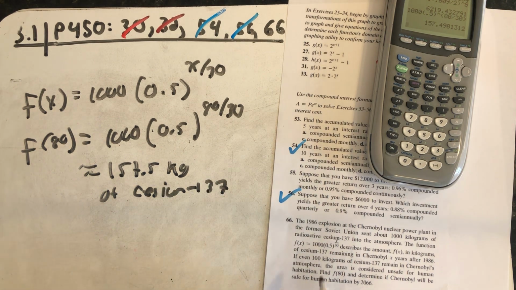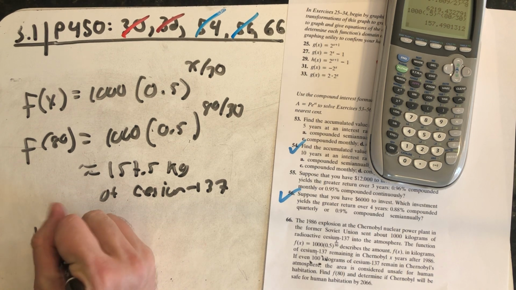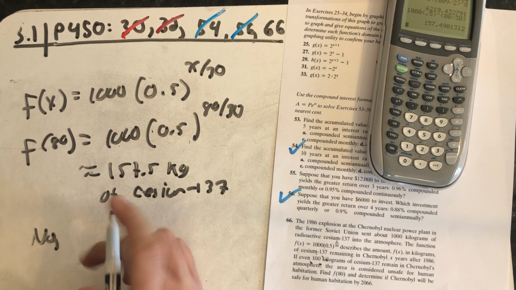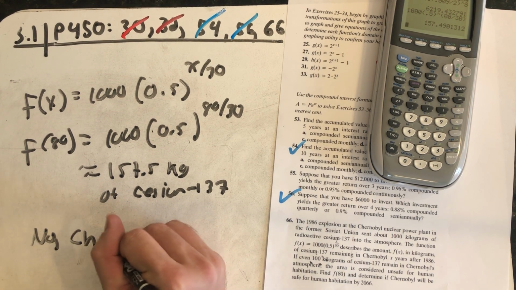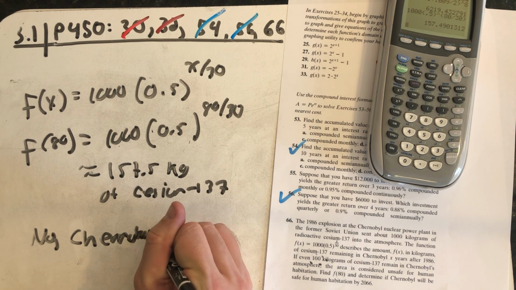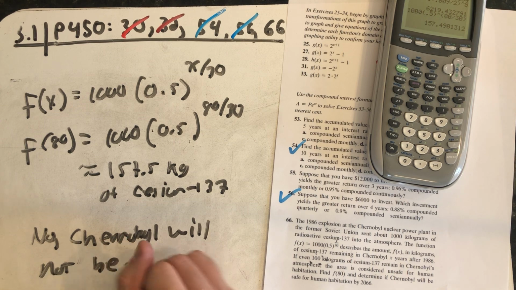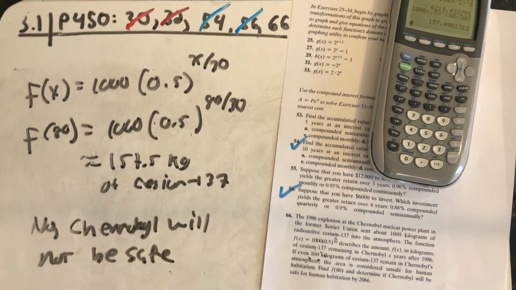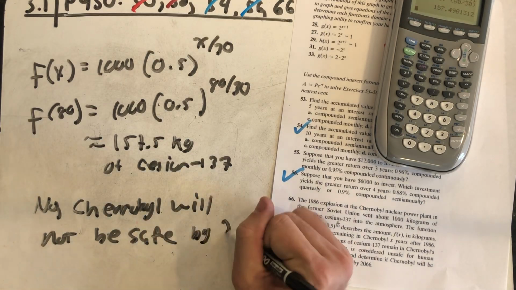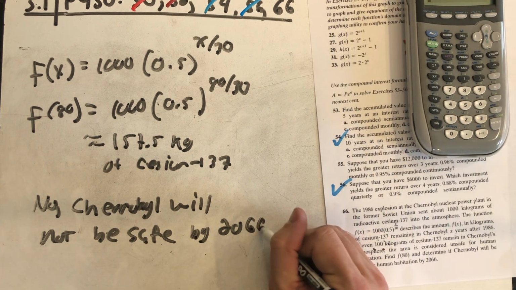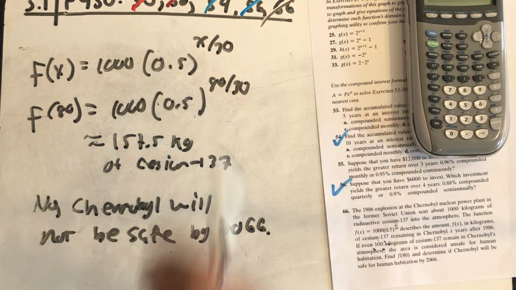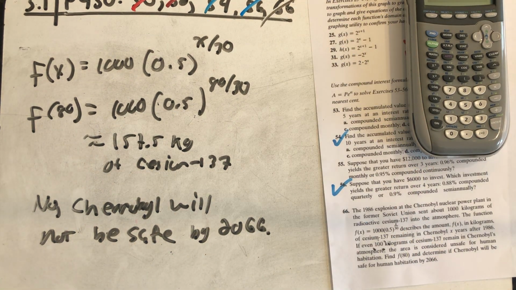Well, that's over the limiting value we were given of 100, so no. Chernobyl will not be safe by 2066. All right, well, those are the problems out of section 3.1 I wanted to go over, and that's it for now.